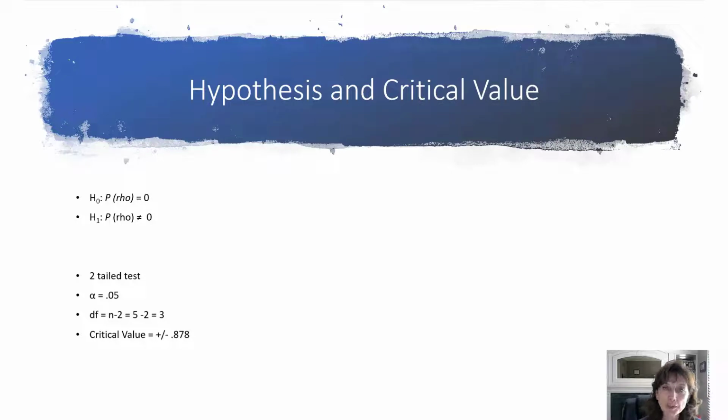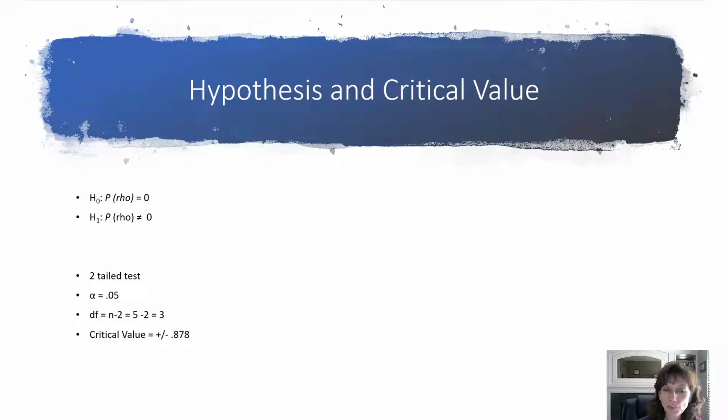So what we do, like we've done with all the other tests, to get our critical value, we would find an r table. And on that table we would indicate if we were doing a one-tailed versus a two-tailed test. We would set our alpha at 0.05, and we would choose the value that corresponds to degrees of freedom of 3.